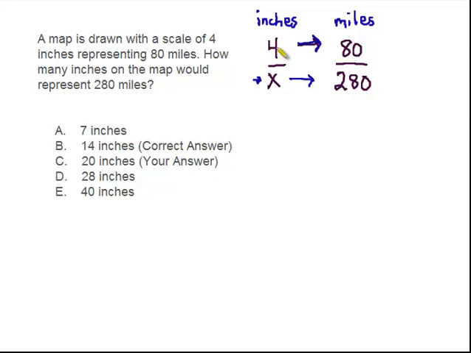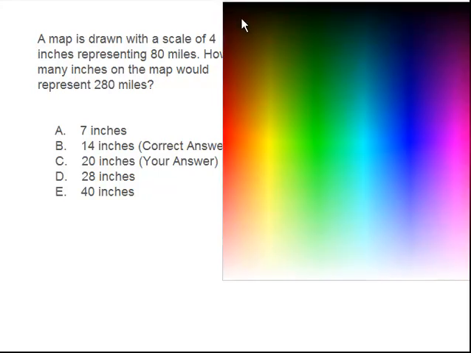So how do we go from 4 to 80? That'll tell us how we go from 280, what that gives us in terms of inches. So 4 times what would give us 80?